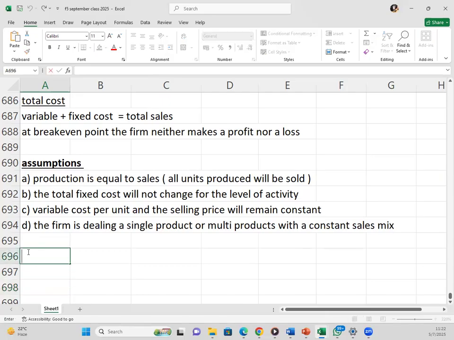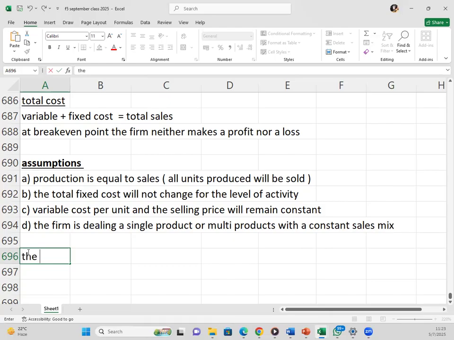Then from there, when you are determining this point, where you are operating where you neither make a profit nor a loss, the point can be determined in units or in sales value.